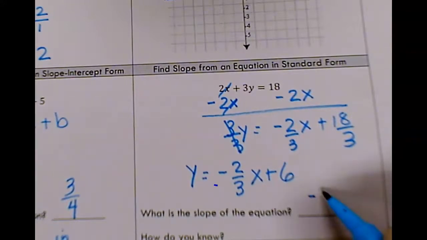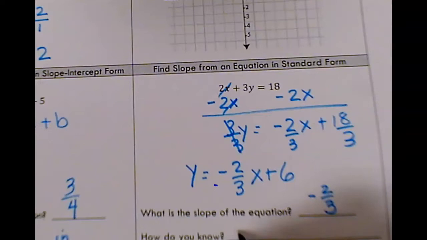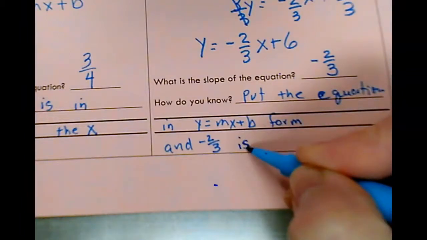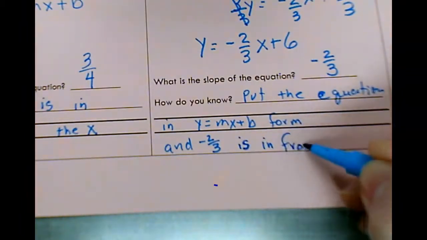And so the slope of the equation is -2/3, and we know that because we put the equation in y equals mx plus b form, and -2/3, I should say, is in front of x.